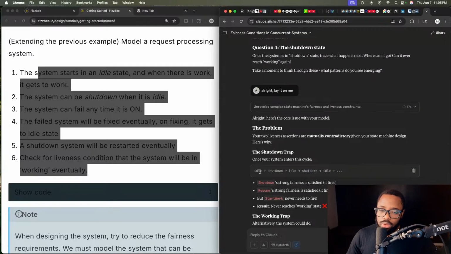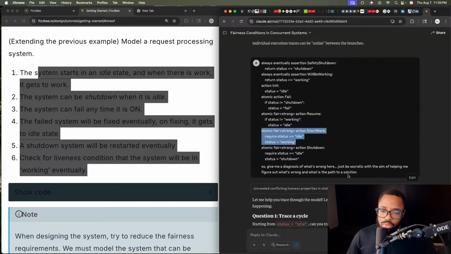Because you're enabling and disabling idle infinitely often, right? Shutdown's fairness is satisfied. Where is it?